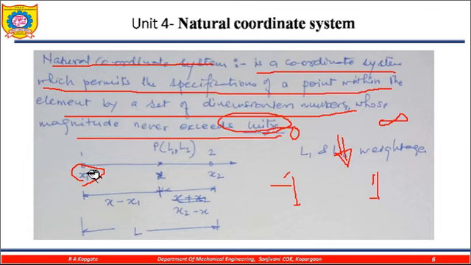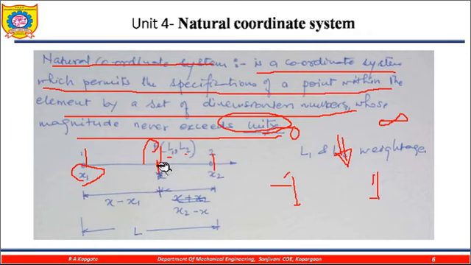Let us take the bar. There are two nodes x1 and x2. At points 1 and 2 are the nodes, and one particular point x at a point p, where the weightages of this point are L1 and L2. So here I can say that this space is L1 x1, and this space is L2 x2.